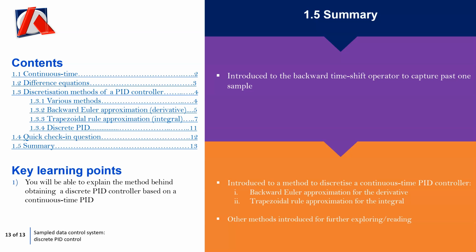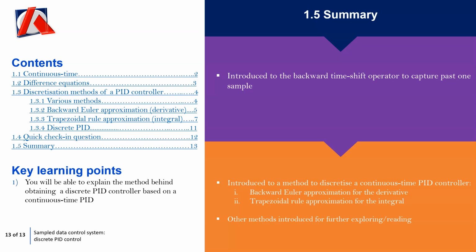So in summary, I've introduced you to the backwards time shift operator, capturing the past one sample, or further, you can capture the past 2, 3, 4, whatever. And I've introduced you to a method for discretizing a continuous time PID controller: for the derivative, the backward Euler approximation, and for the integral, the trapezoidal rule approximation.